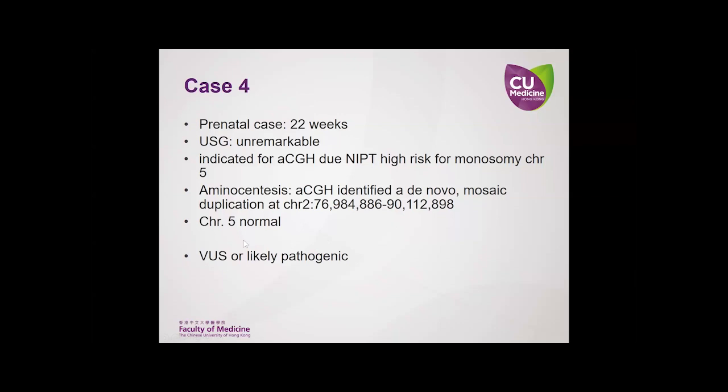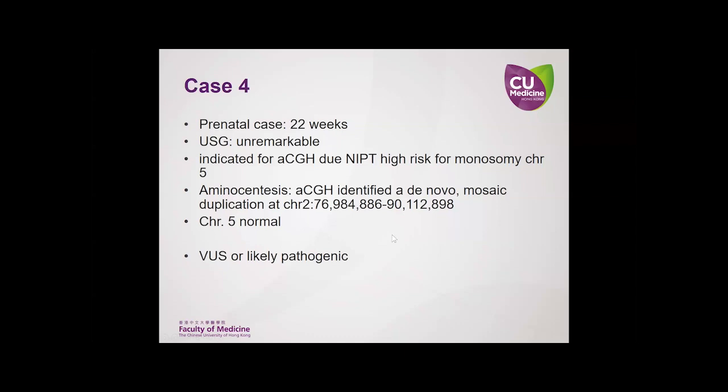Sometimes, because of the advancement of technology, we could identify a variant of unknown significance and we do not have any antenatal structural abnormalities, and also no antenatal functional testing that we can assess whether the fetus is affected or not. So in that case, it all depends on, first of all, which chromosome is involved, and what genes are involved.